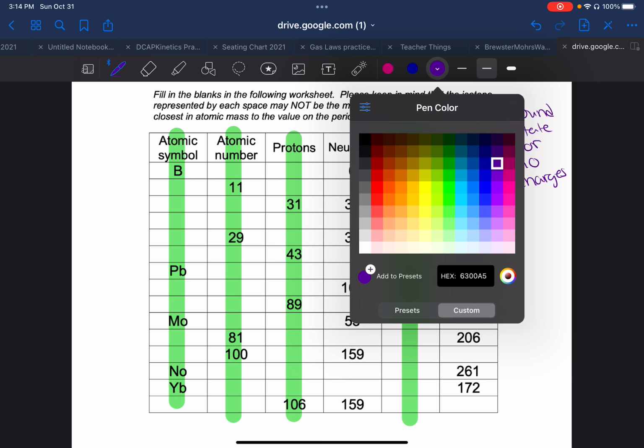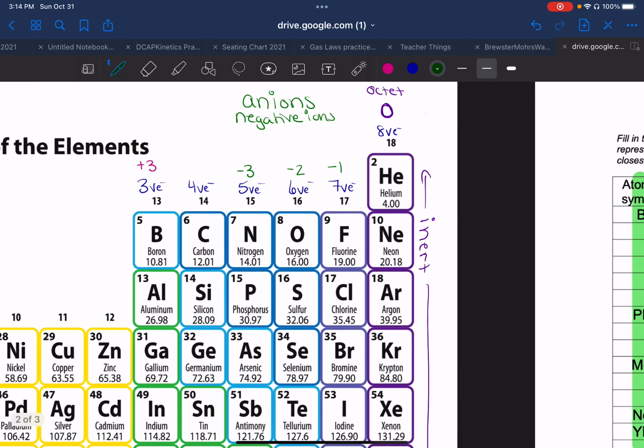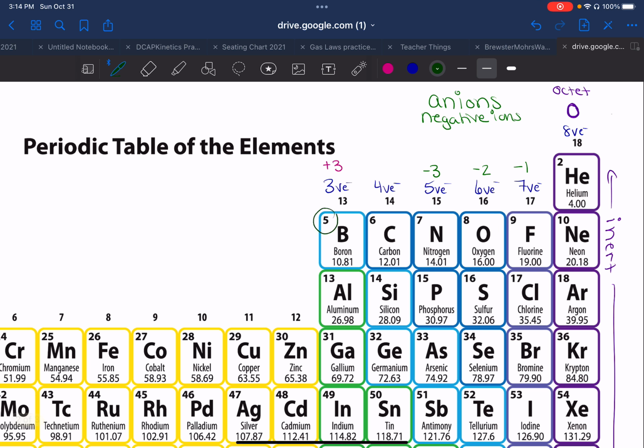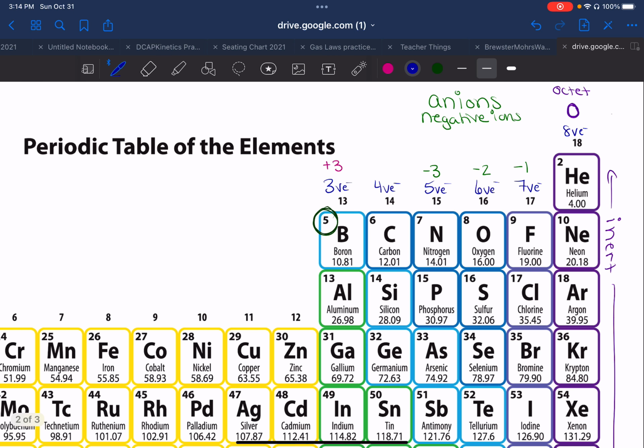So let's do this. So the first symbol is boron. I go over here to boron. There's my atomic number in the corner, 5. And so my proton count is 5. My atomic number is 5. My electron count is 5. Now, how did they get the neutrons for 6? Well, if I look over here, I'll see this number here. Well, I can't have part of an atom. So basically what we did was we rounded this 11.